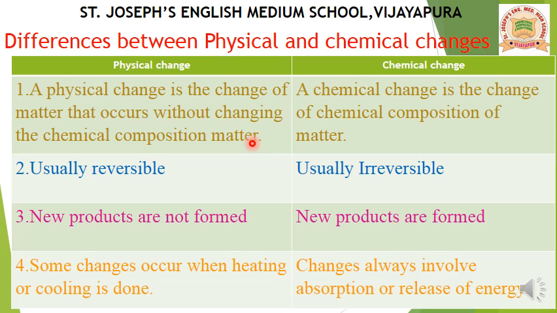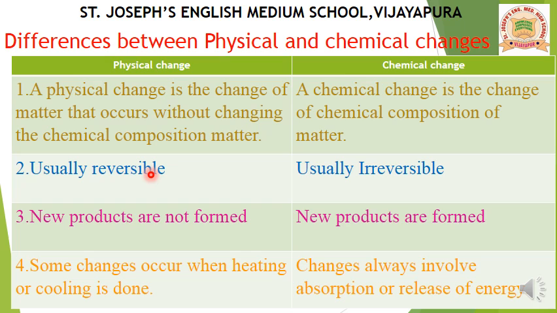Whereas cutting of wood, it just remains like wood, no new substance is formed. So cutting of wood is a physical change. A chemical change is the change of chemical composition of the matter. The chemical composition itself changes. Such change is called chemical change.